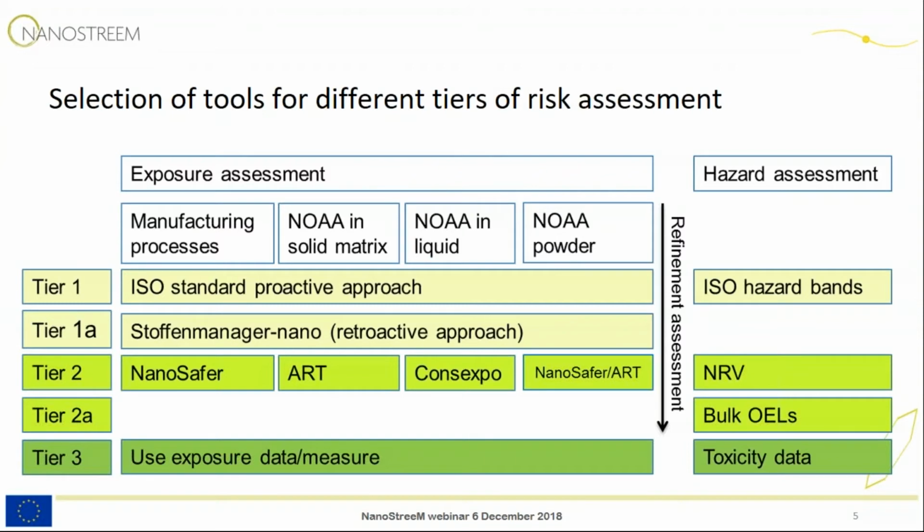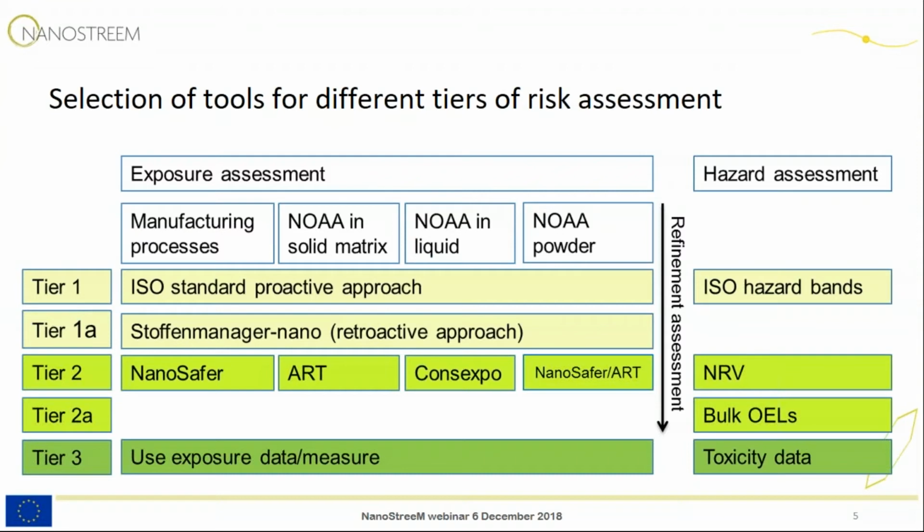And what we found is that different quantitative tools are best suitable to assess exposure to different appearances. So in tier 2, you see that the NanoSaver is proposed for manufacturing processes and nanopowders, while ART is proposed for abrasive activities, and can also be used for nanopowders, and Consexpo is proposed for nanodispersions.